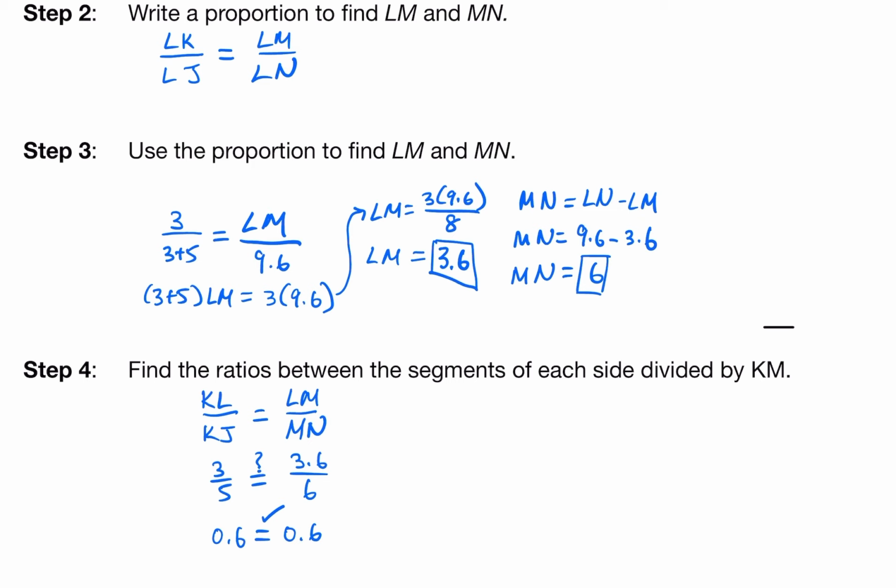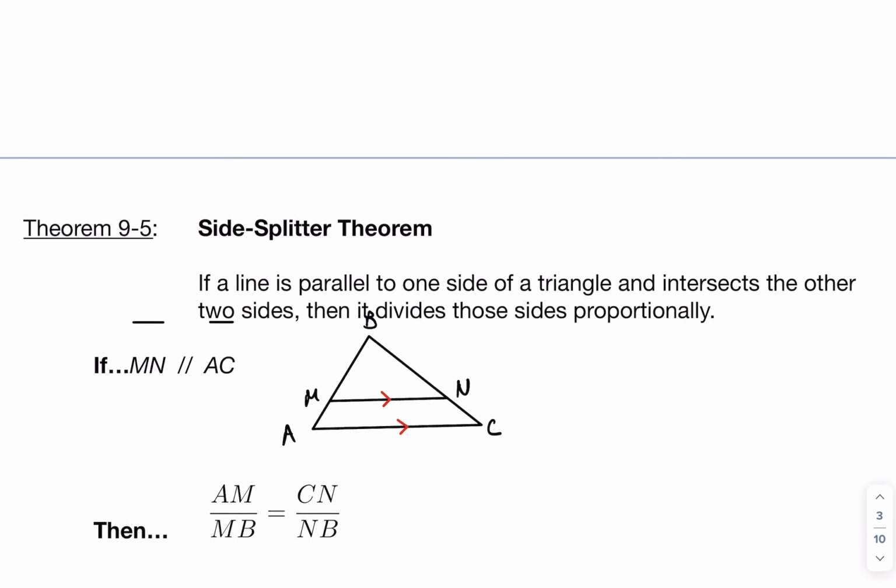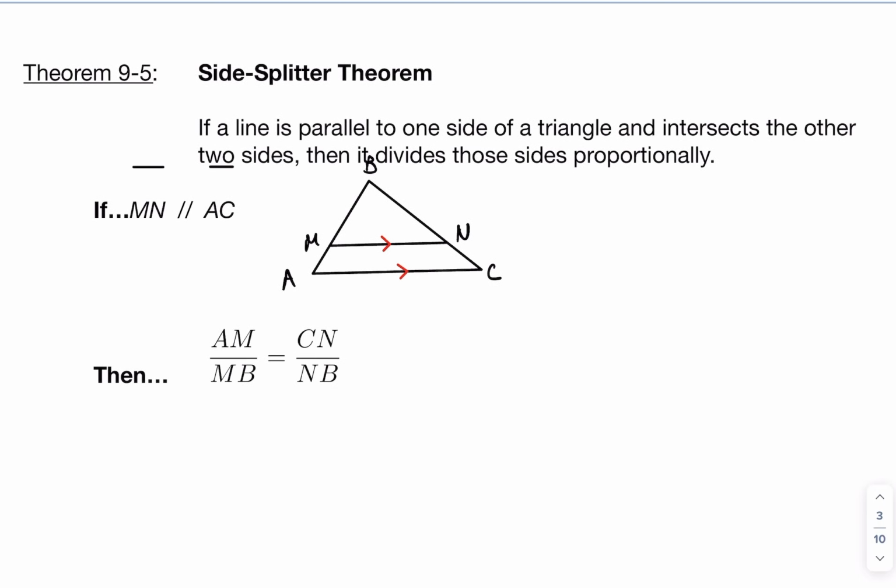Okay, so after all of this work in this example, this leads us to the following theorem, and that is called the side splitter theorem. Essentially, what this is telling us is the following.